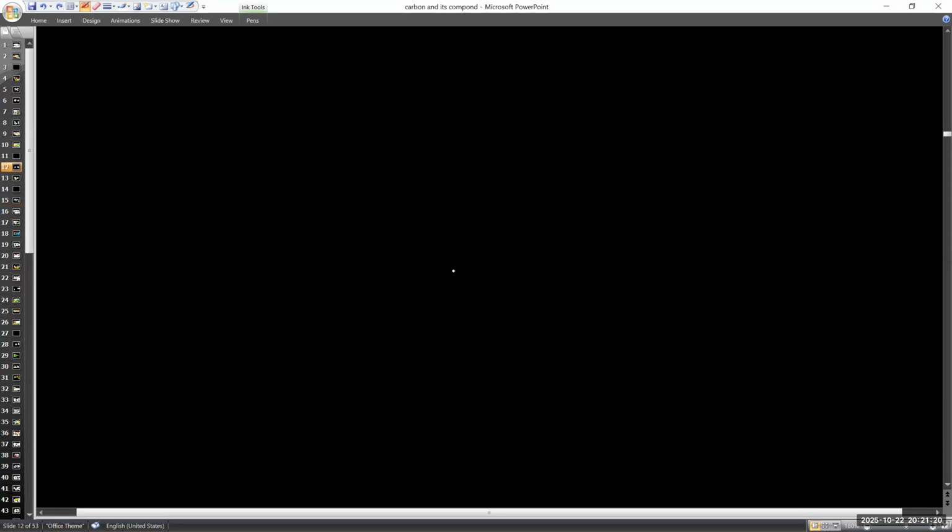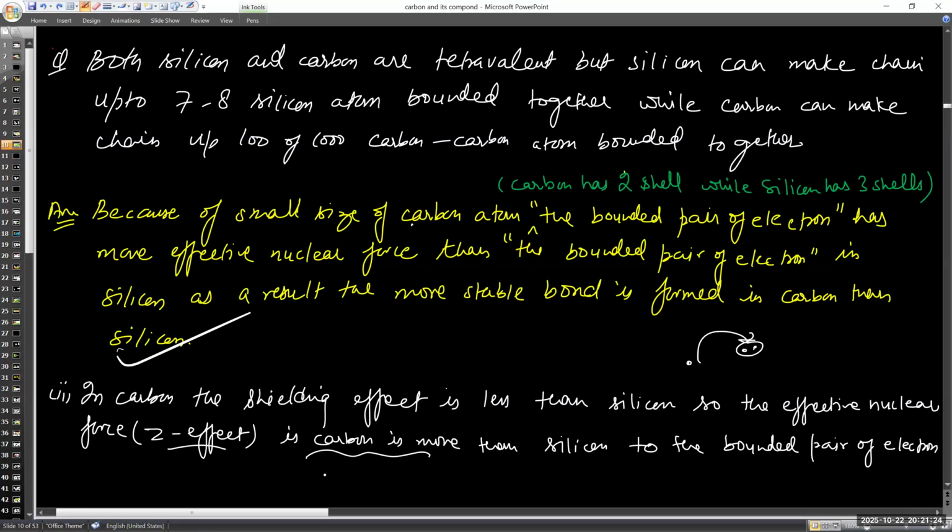So even though the nucleus is powerful, it is not able to pull effectively because of the shielding. Note this down, please. Have you noted this?